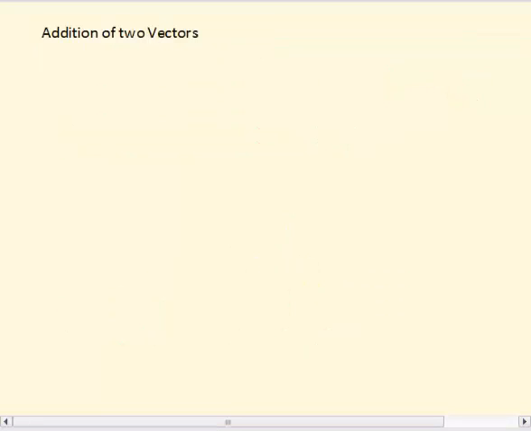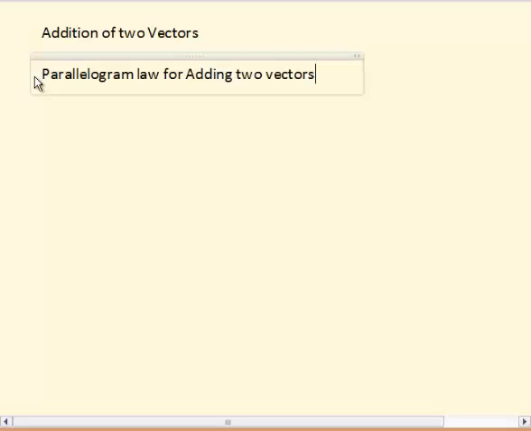Now we'll try to learn how to add two vectors. In order to add two vectors, we have a very special law that is called the parallelogram law for adding two vectors. So let's try to understand this law, which will help us to add two vectors.